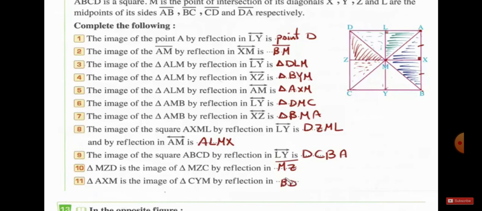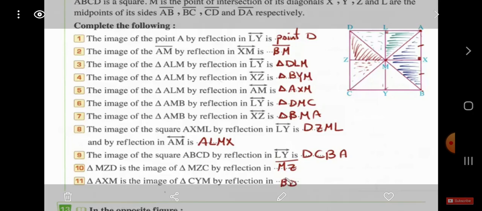Number 5: the image of triangle ALM by reflection in AM is triangle AXM. I consider XZ as the x-axis and LY as the y-axis.